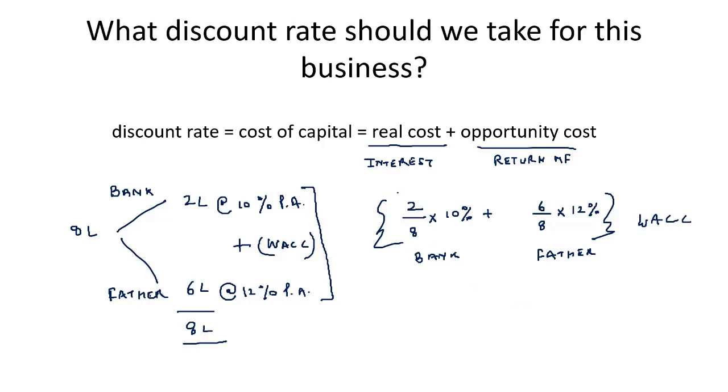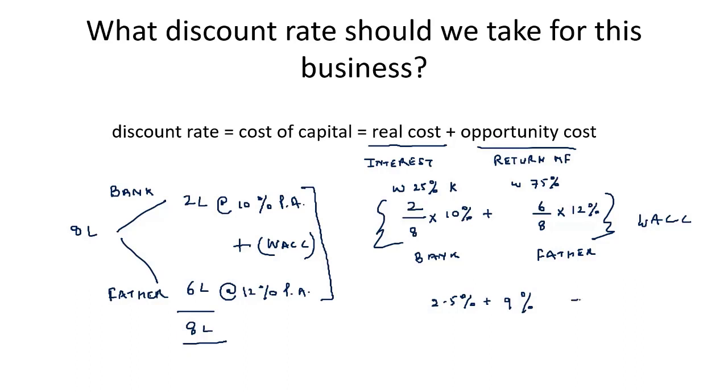You can see, this is called weights and this is called cost, which I am just writing as K. So our weight here is 25%, which is 2 by 8, multiplied by 10, so from this we get 2.5%, and from here, which is 75% weight, which is 6 by 8, what we get is 9%.